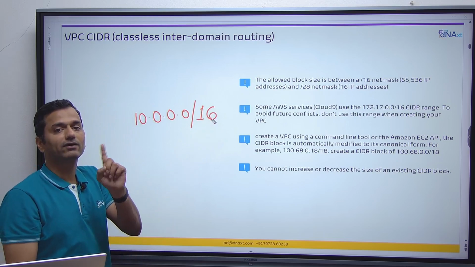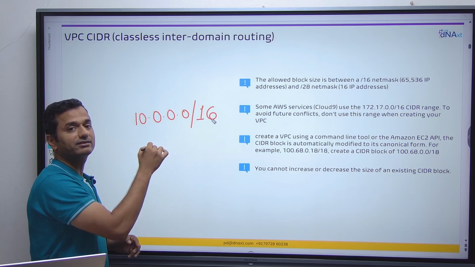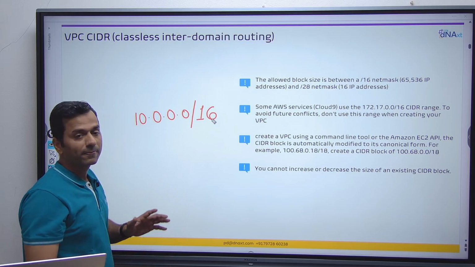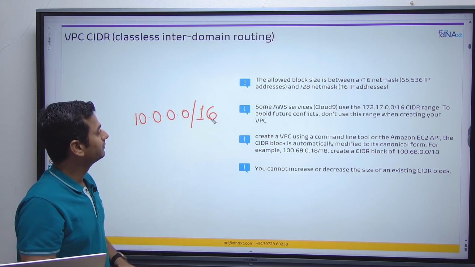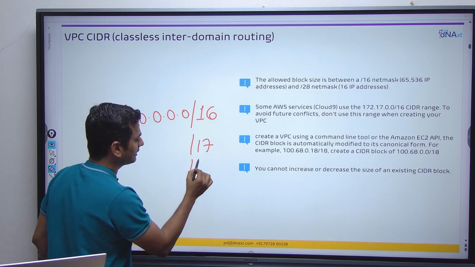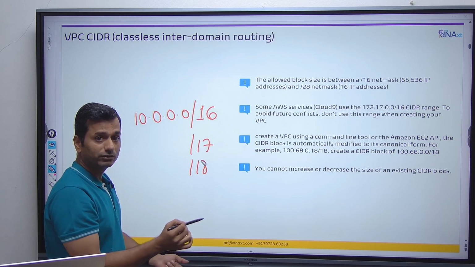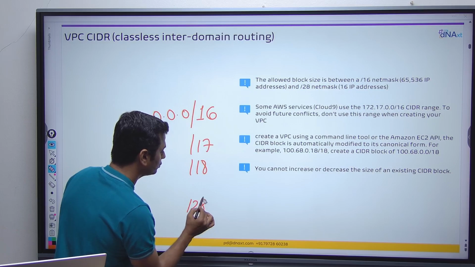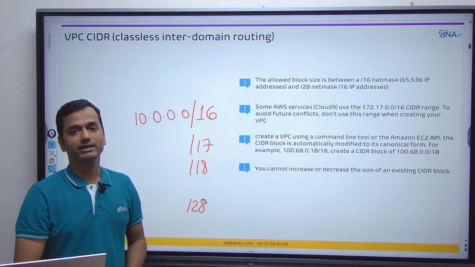You cannot have /15, /13, /9, or /12. No, AWS won't allow you. Can I use /17? Of course you can. Can I use /18? Yes, of course. Up to /28 you can use as a CIDR.